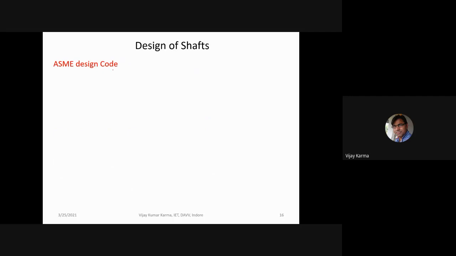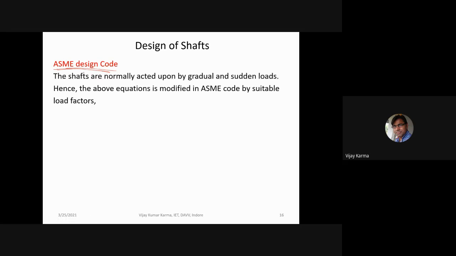There is one more code, known as the ASME design code for shafts. The American Society of Mechanical Engineers has given a code for the design of shafts. The reason behind this code is that it includes gradual loading and sudden loading acting on the shaft.